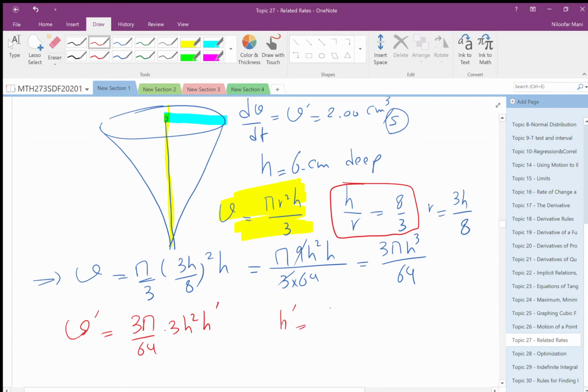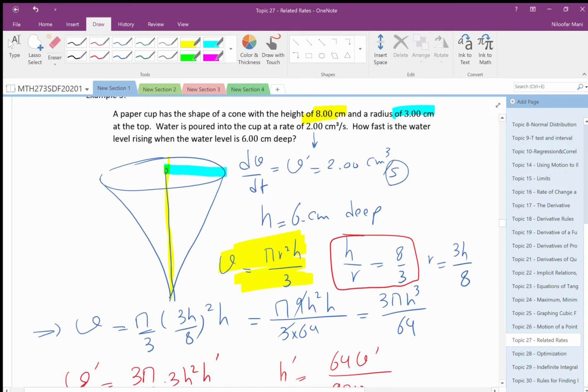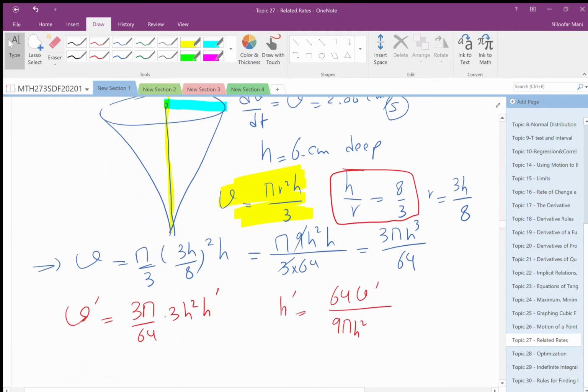So H prime is 64 V prime divided by 9 pi H squared. What is V prime? V prime is 2. So it's 64 times 2 divided by 9 pi. What is H? Yes, H is given to me, 6. Okay? And I can find the answer.